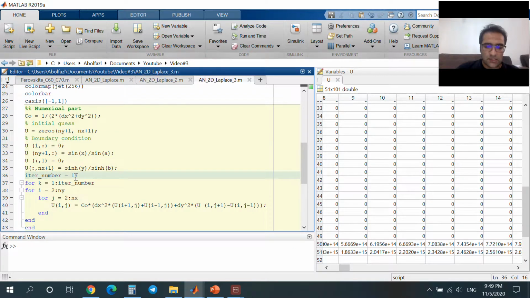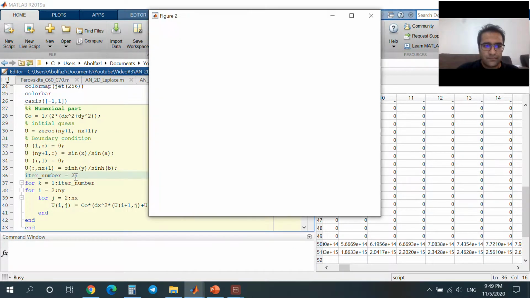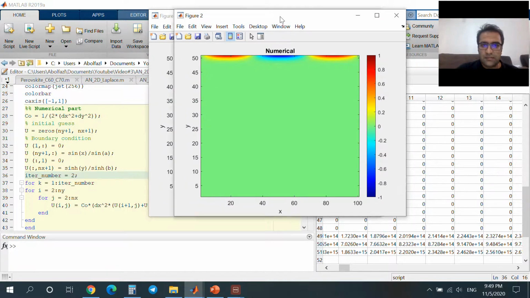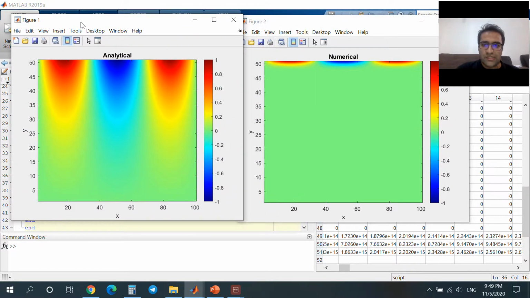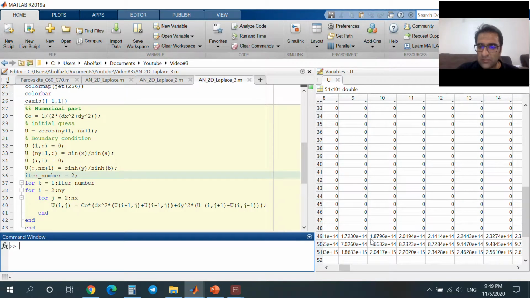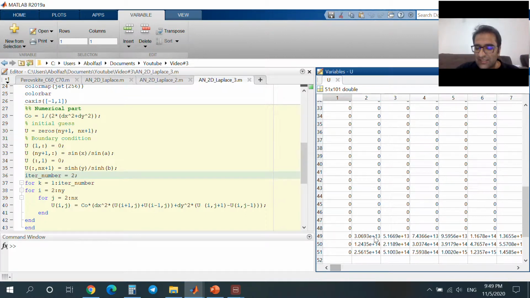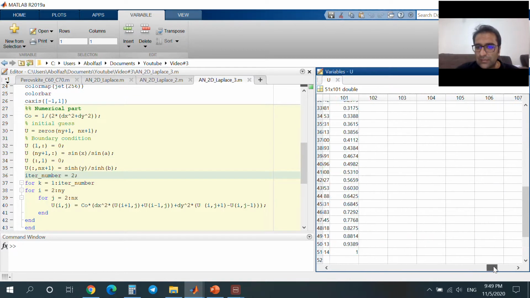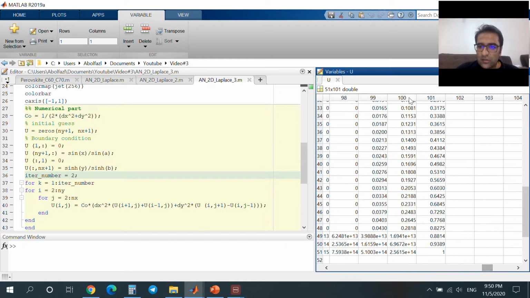Let's increase the iteration number to 2. F5. You see the plots are almost the same. There's not a big difference, but if you look at the matrix for the U, you see that also this row and the row 49 and this column 99 are also updated, right?